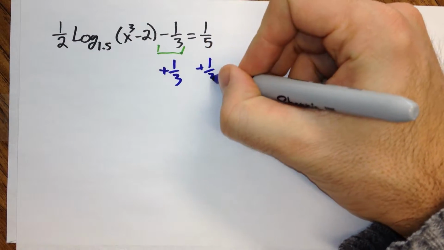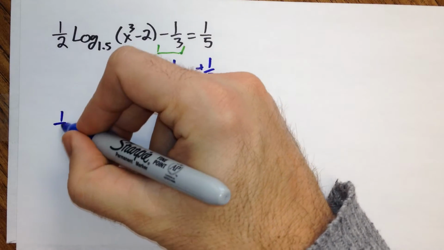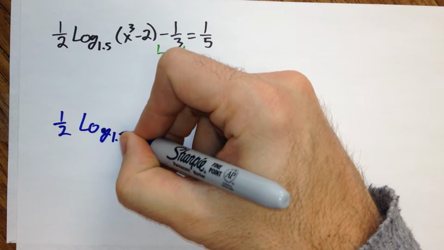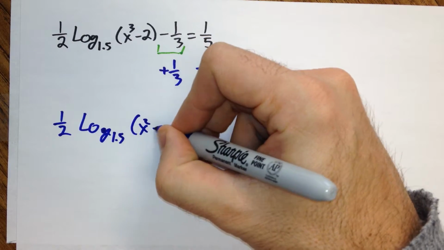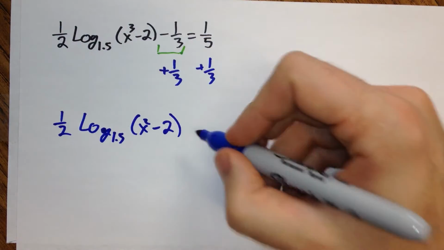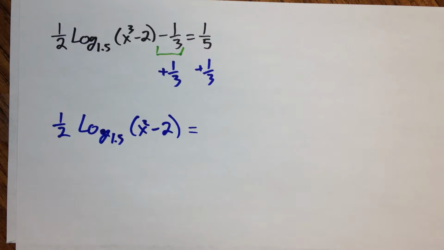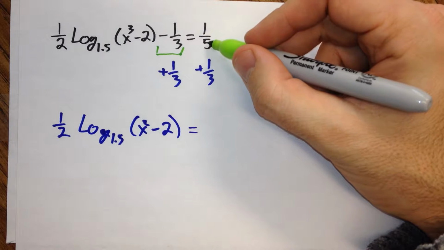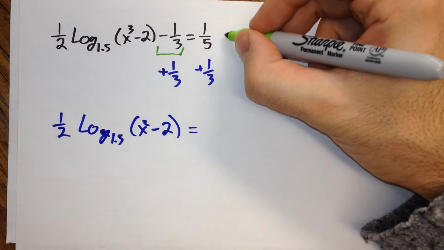Add 1/3 to both sides, and I will get 1/2 log base 1.5 of x squared minus 2 equals, now I have to add a fifth and a third together. That can be a little bit tricky, but we find the common denominator. The common denominator is just 5 times 3, which is 15.